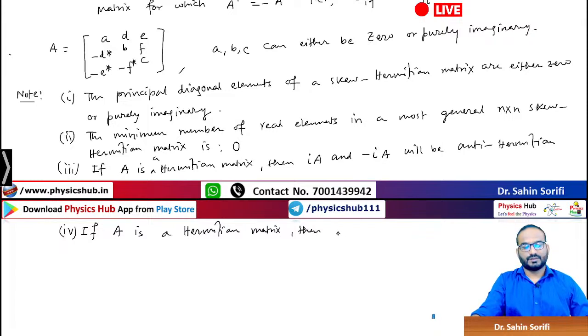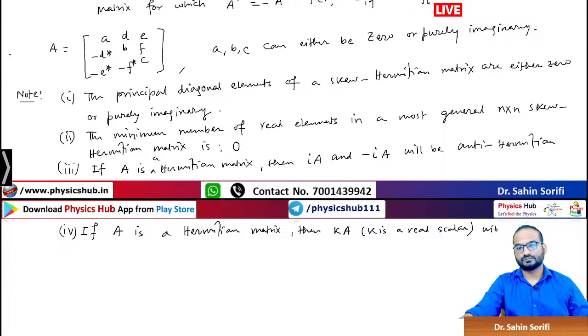Then if I multiply a scalar k with the matrix, will it remain Hermitian or not? kA will also be a Hermitian matrix.